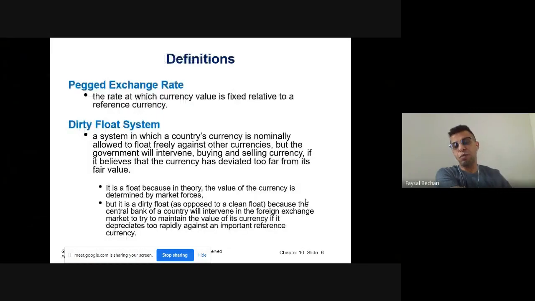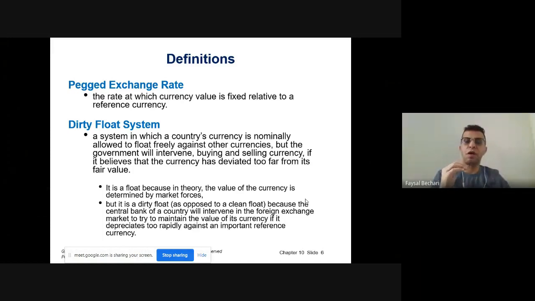Now, the other definition is something called a pegged exchange rate, the rate at which a currency's value is fixed relative to a reference currency. Let me give you an example. The UAE dirham is always considered fixed, but its rate is fixed relative to the American dollar, not to other currencies.